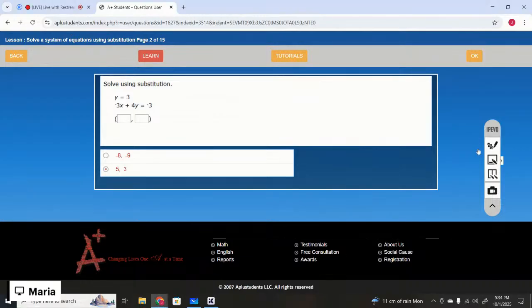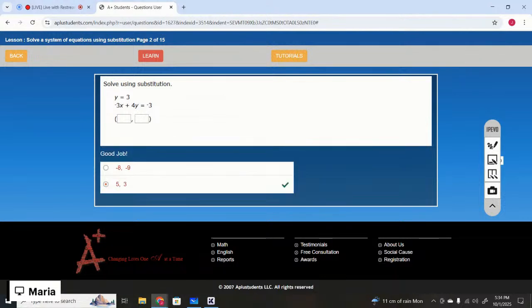Option number 2 is the correct option, that is 5 and 3.